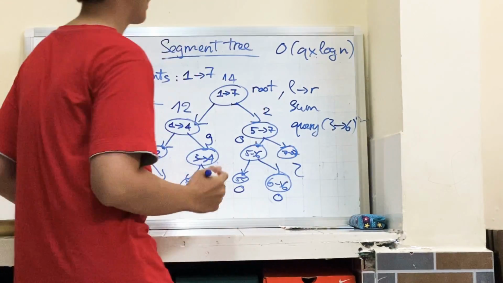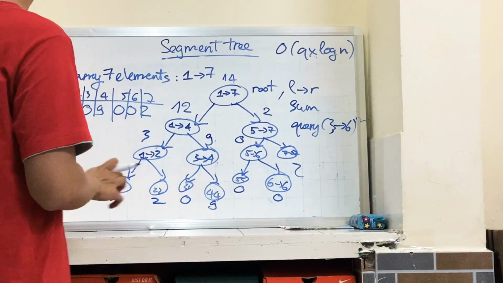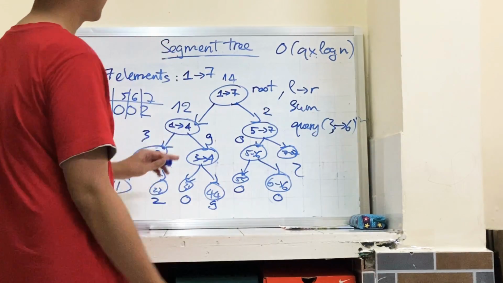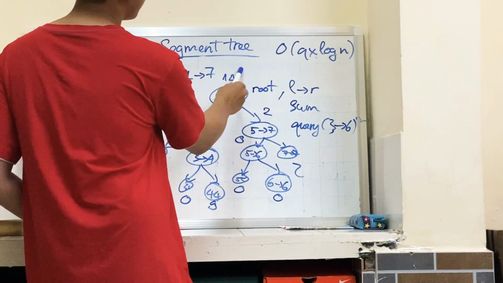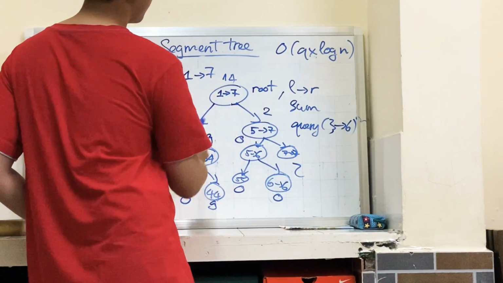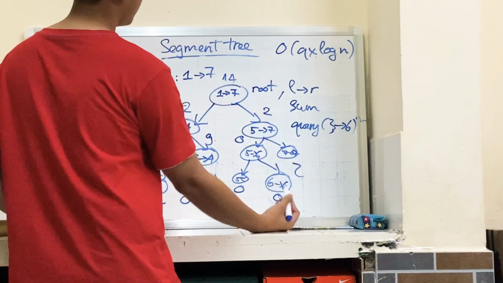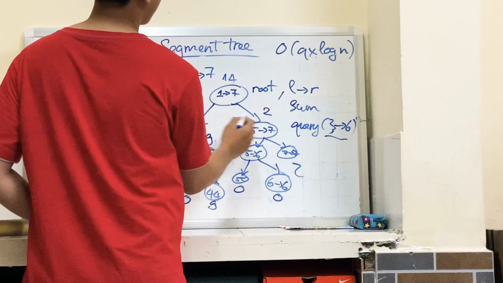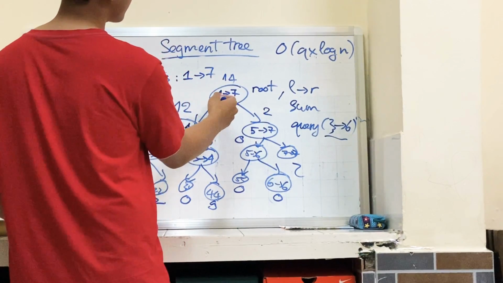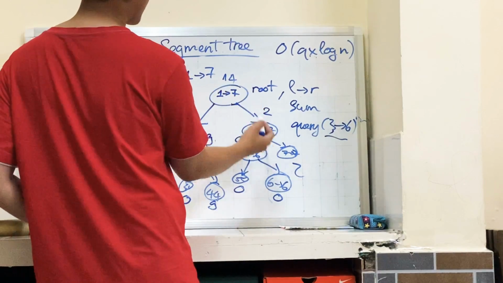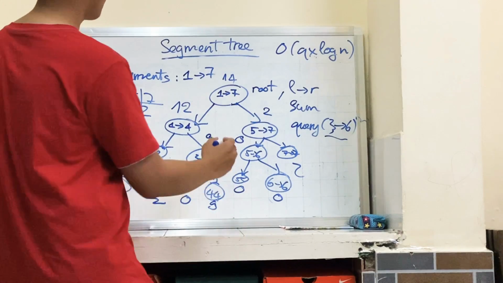You start from the root of the tree. Here we want 3 to 6, but this node holds the interval from 1 to 7, so you have to split it.